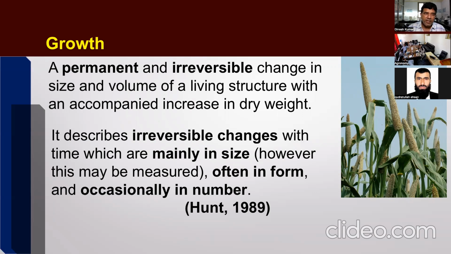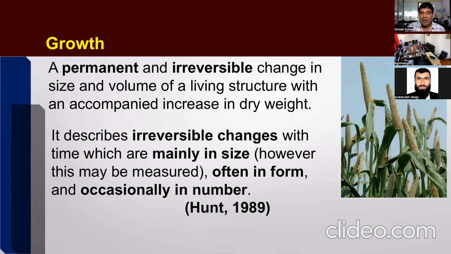The best definition is a permanent and irreversible change in size and volume of a living structure with an accompanied increase in dry weight. This is the best definition of growth. It is a permanent and irreversible change. You cannot bring it back. Once growth has happened, you cannot reduce it.